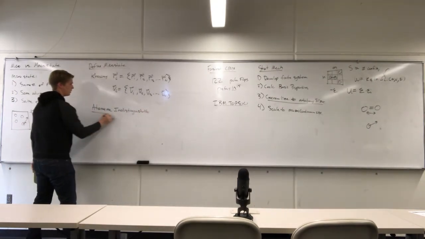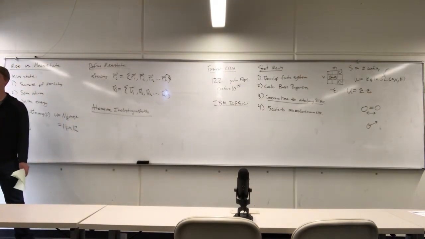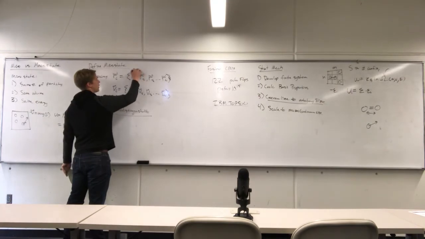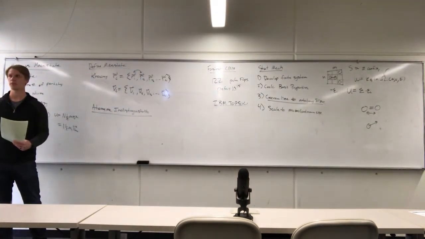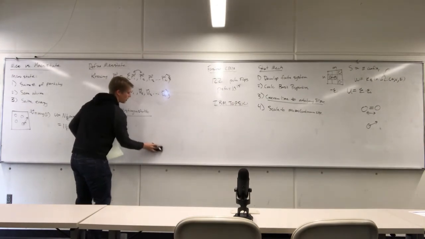This is a fantastic long word that you only really encounter in StatMech. What we mean by indistinguishable is that if I were to swap particles 1 and 2, it would be exactly the same system, because I cannot label particles as 1, 2, 3, 4, and 5 if they're of the same element.